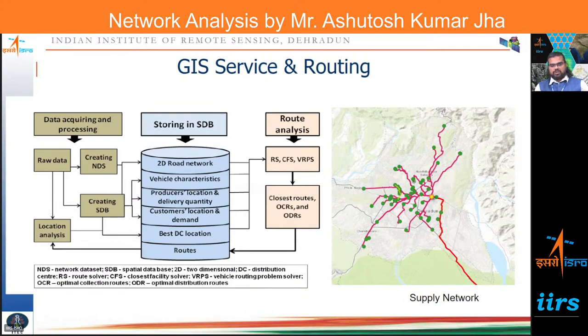So this is just an example where you have a supply network starting from suppliers, which is connected to different locations. In this case, the yellow dot is the place which we need to reach from multiple places.